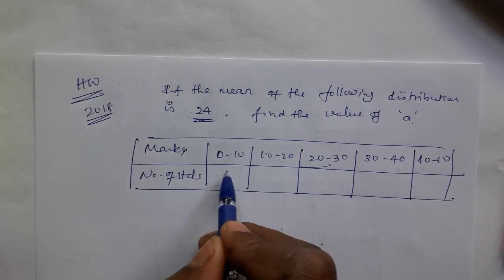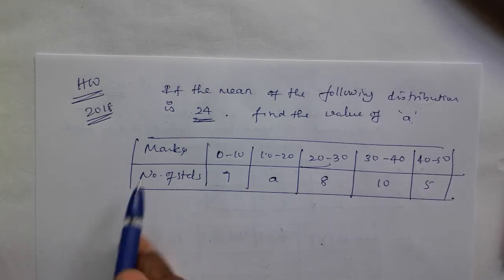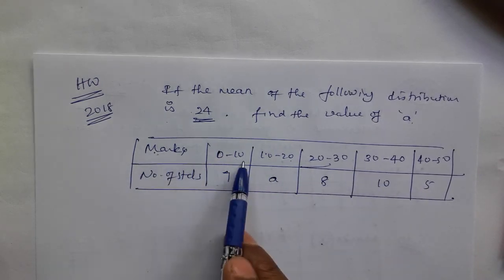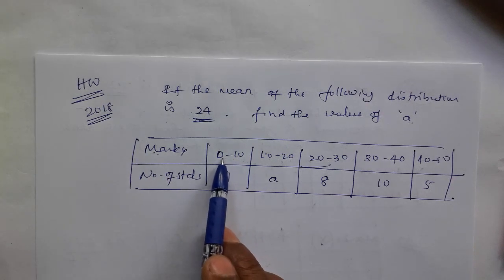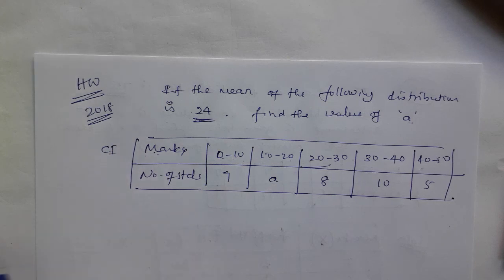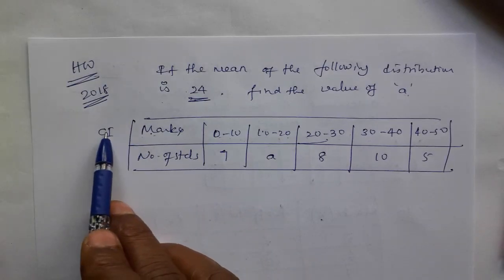The first column has 7, the second a unknown, then 8, 10, 5. Look at marks 0 to 10, 10 to 20, 20 to 30. Your marks are given as class intervals, which is written as Ci. Number of students is always frequency. So the given question is with Ci and frequency.